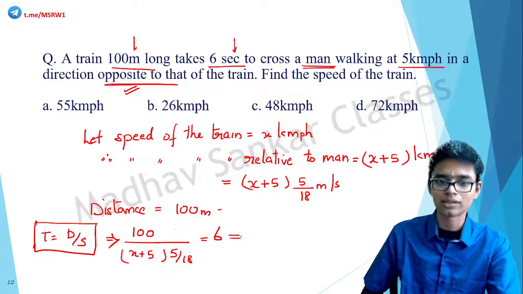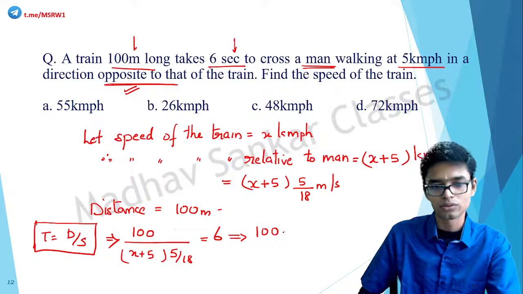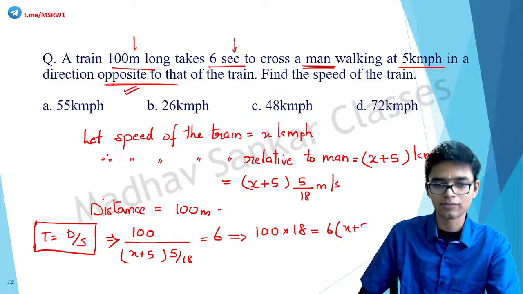So how can we solve this? Implies 100 into 18 is equal to 6 into x plus 5 into 5.